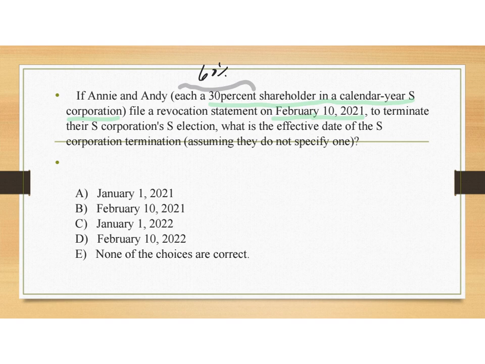Okay, so when did they make this election? They made this election February 10th, and that is before the 15th day of the third month.